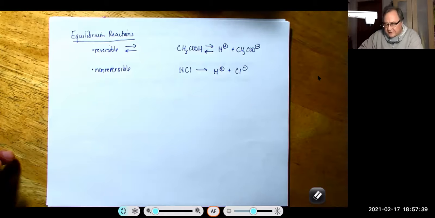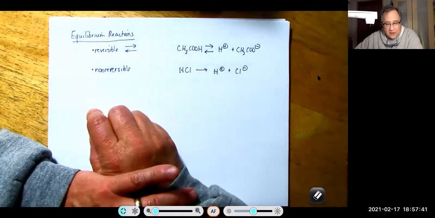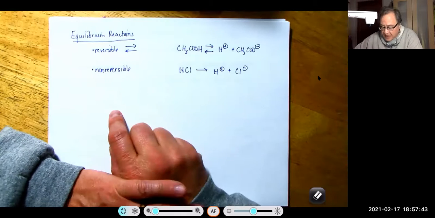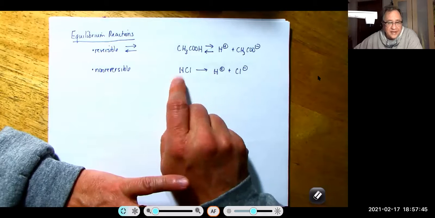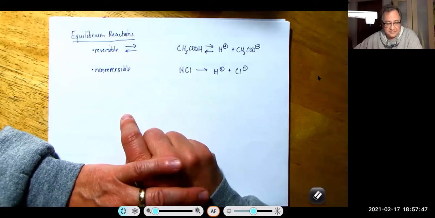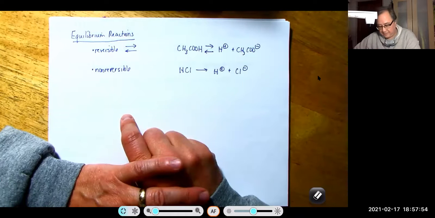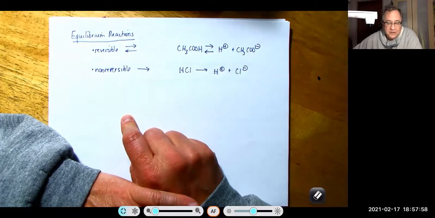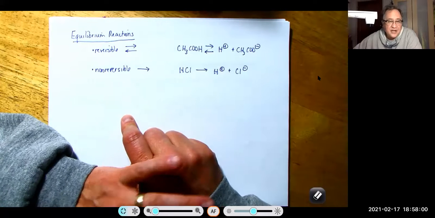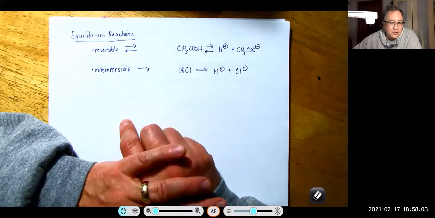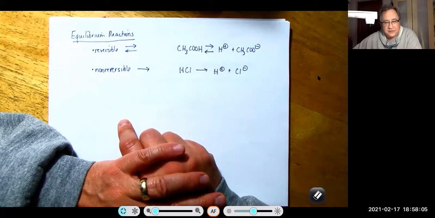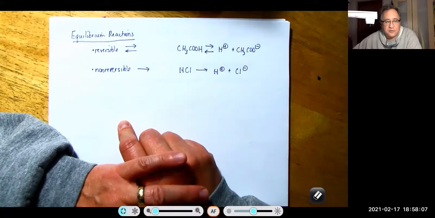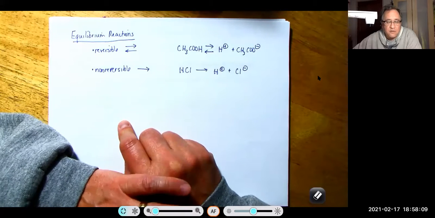So when you're writing this one down, I want you to think about the answer to this question. How can we tell by the way this is written that it's not reversible? Single arrow, not reversible. That's the way we generally write a reversible versus a non-reversible reaction. Single arrow for non-reversible, double arrow for reversible.